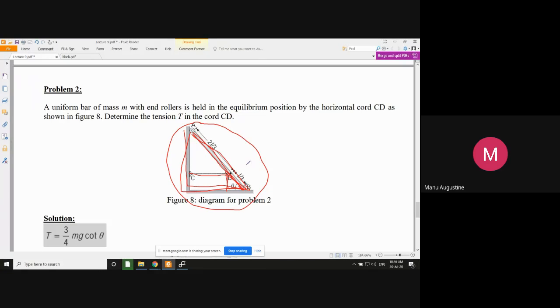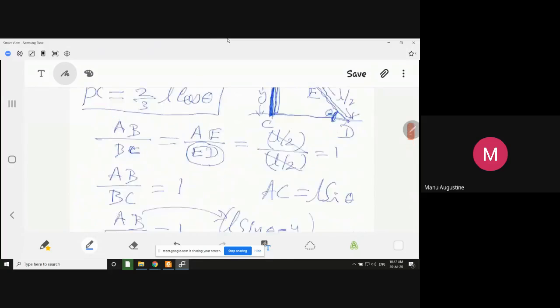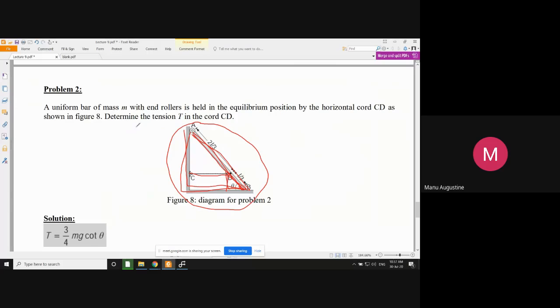All these relationships. See, these two relationships, we had to take a lot of time to get to this point. Y is equal to L by 2 sin theta and X is equal to 2 by 3 L cos theta. These relationships took a little while. But with practice, you will be able to come to this conclusion very quickly. Now, this step is not completely over.